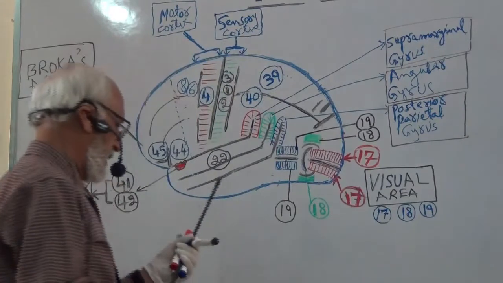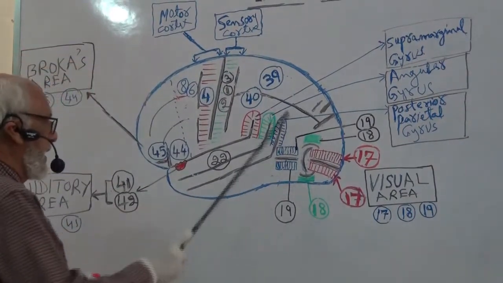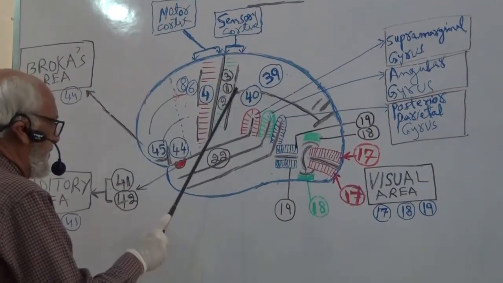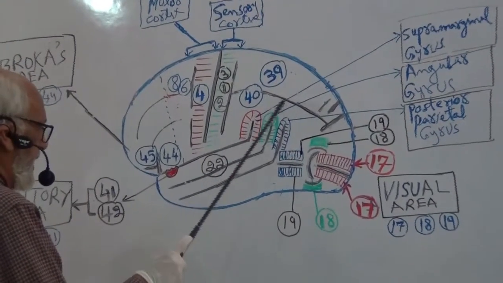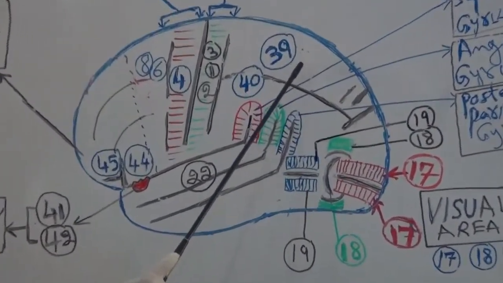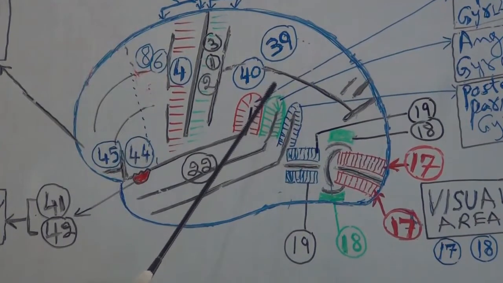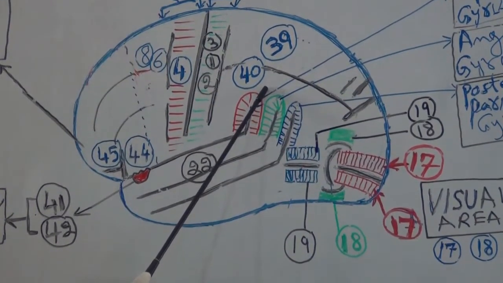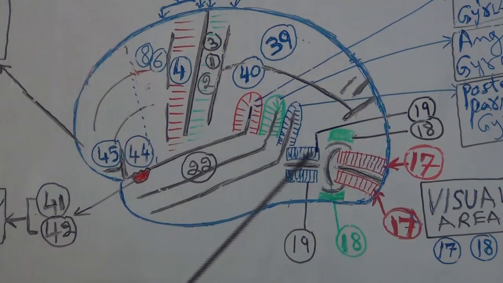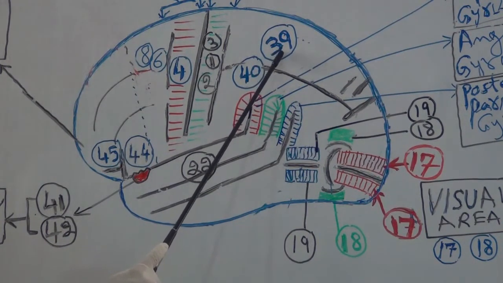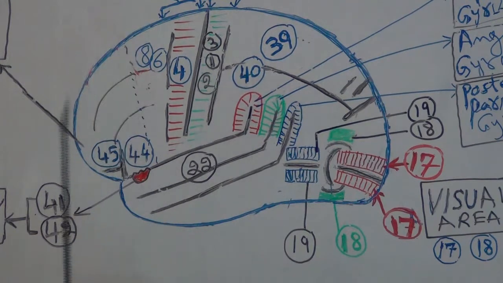Now you know the lateral surface of the parietal lobe is traversed by the intraparietal sulcus, dividing it into the superior parietal lobule and the inferior parietal lobule. This whole area is numbered by Brodmann as area number 39 and 40.